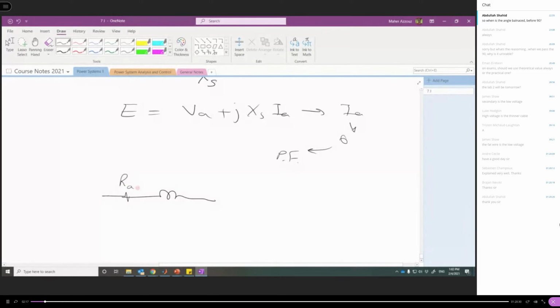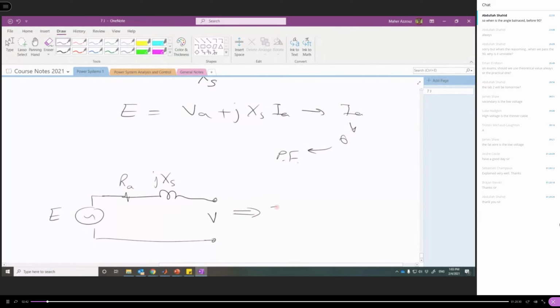We have the resistance of the stator, the synchronous reactance, and the induced voltage, E. Of course, this circuit is per phase, so it is related to phase A. And the output voltage here is the terminal voltage, so I'm going to call it V. Okay. So this is the circuit that represents synchronous generators.